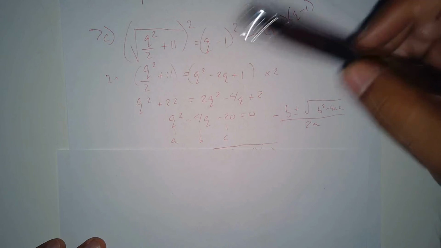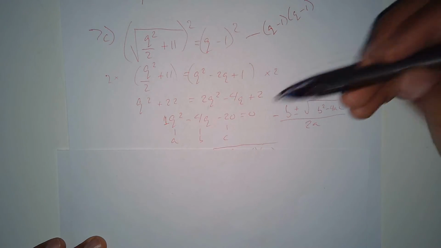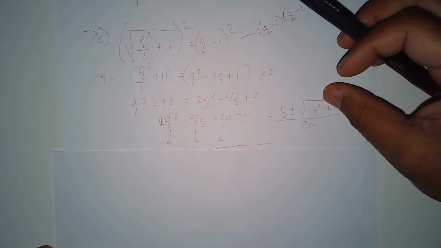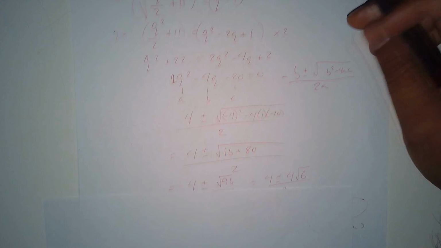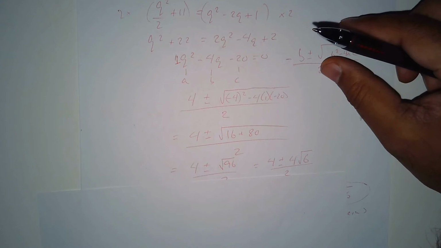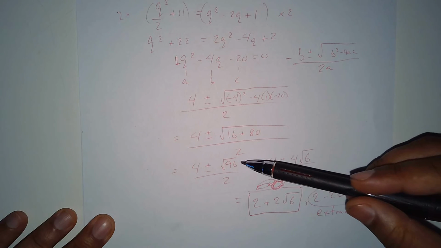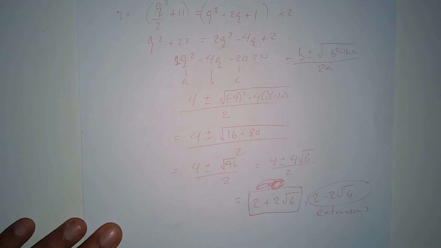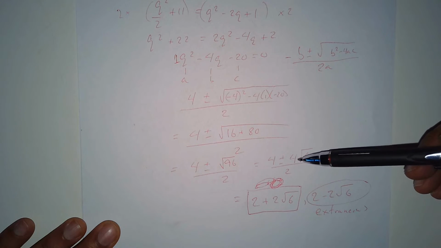So remember, there's your a. So a in this case would be 1. Okay, b is negative 4, c is negative 20. You put that in there. And then that's going to be 4 plus or minus root 96 over 2. And that's going to be 4 plus or minus 4 root 6.